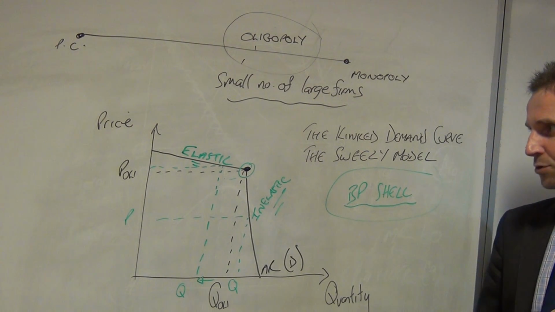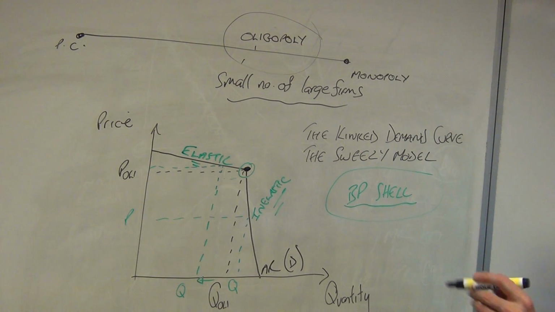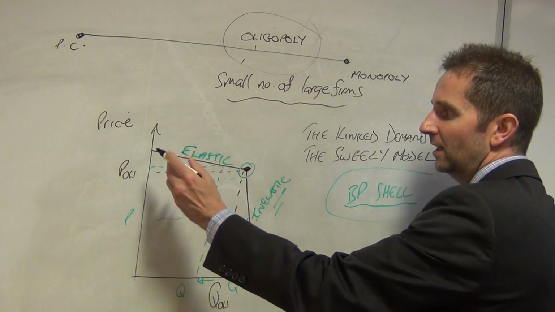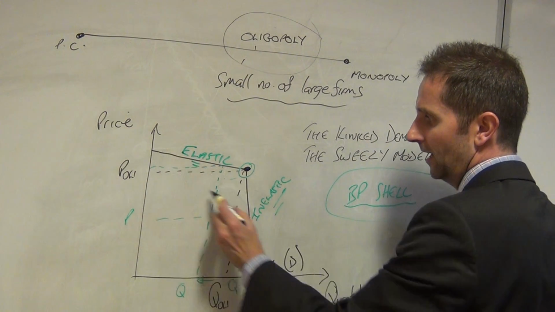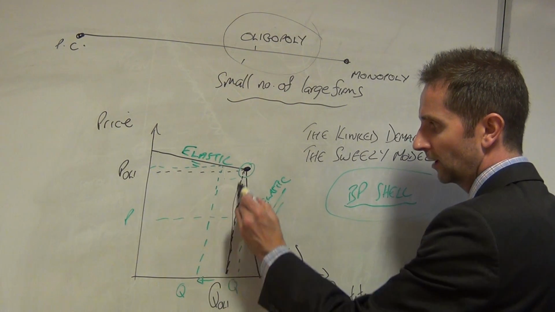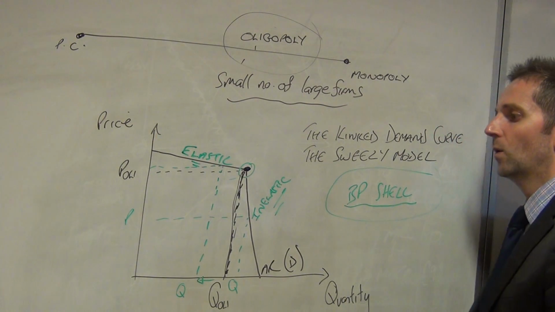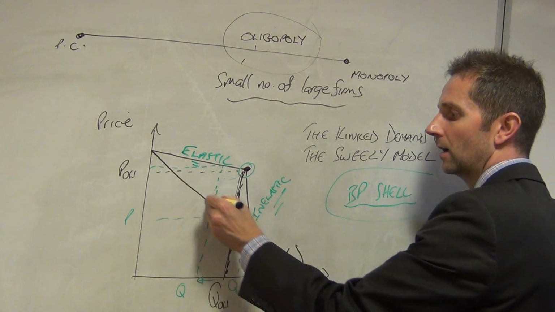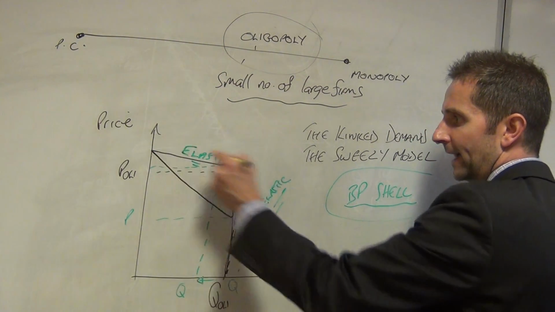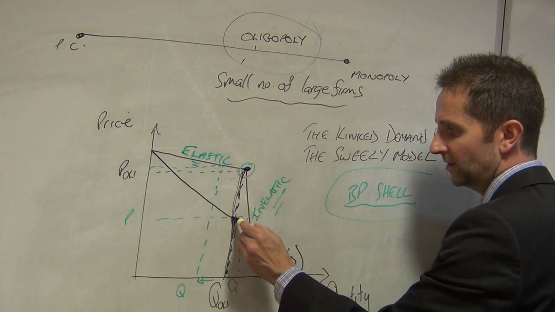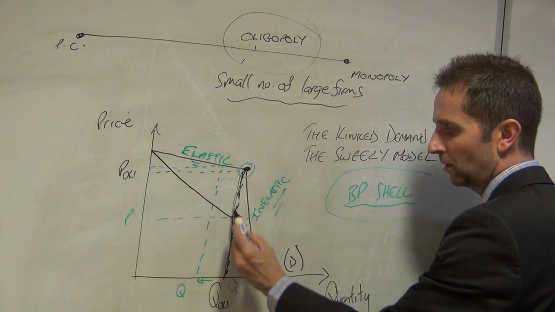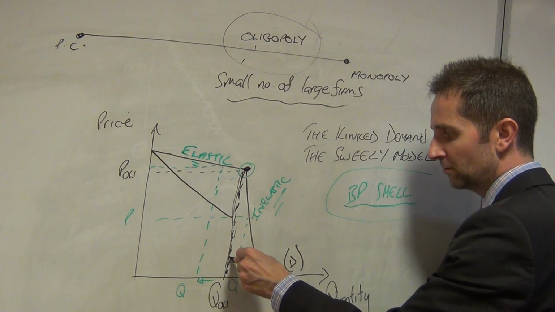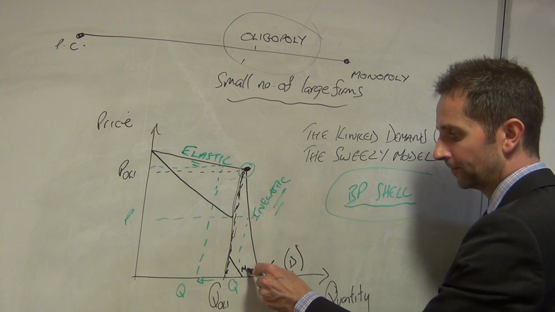The other interesting thing about this is, because of the kink, you get what is referred to as a discontinuity in the marginal revenue curve. I hope you can see this okay. I'll maybe redraw this if you can't. The marginal revenue curve is below the original AR curve, but we get a discontinuity in that we go along to this price P Oli, Q Oli, and then it doesn't re-emerge until here.